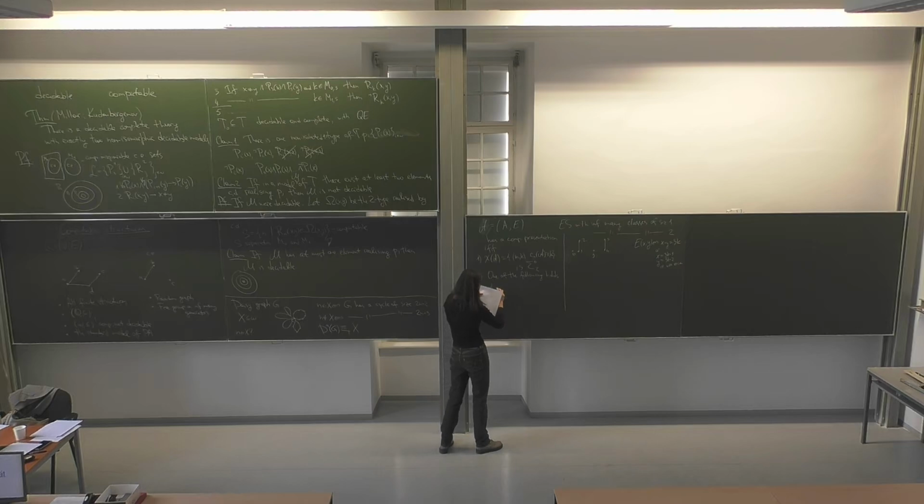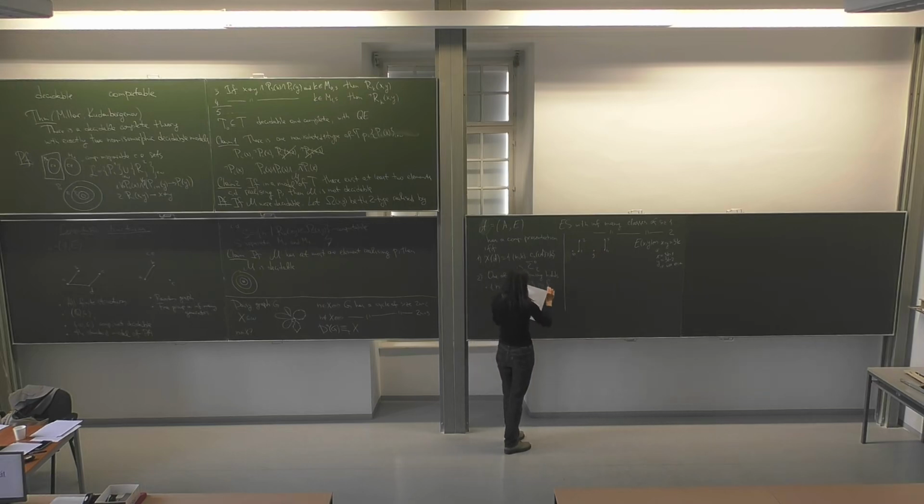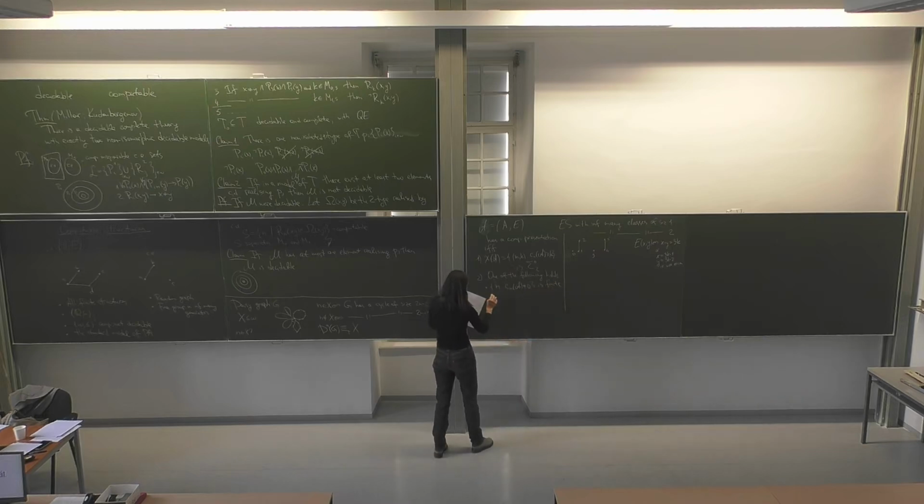Either the set of sizes of classes that have some elements is finite, or number two, we have only finitely many infinite classes, or number three, we have infinitely many infinite classes.